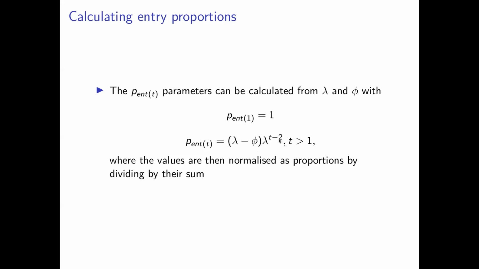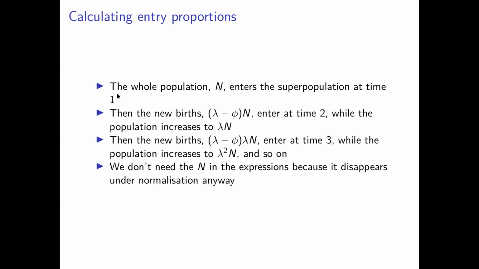At the same time, in the second survey, the size of the population grows to lambda n. So each time for each new survey, you have the newborn animals entering the superpopulation, and the number of newborn animals will be equal to lambda to the power of t minus 2 times the population size. I've got this here.